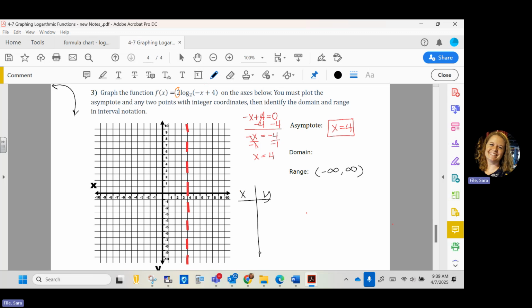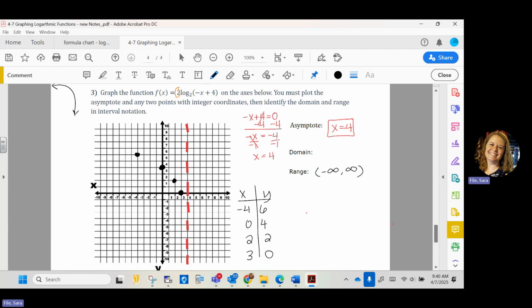I'm going to put 4 points that are integer values that fit here. And I'm going to plot those. So at -4, 6. And then at 0, 4, 2, 2, and 3, 0.